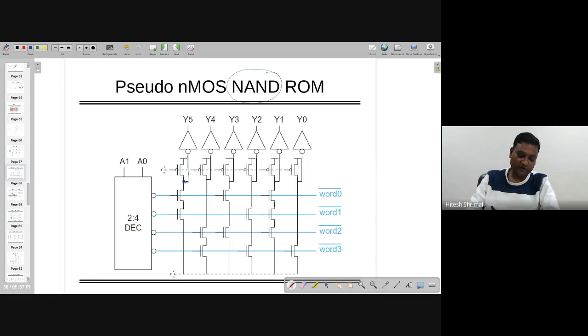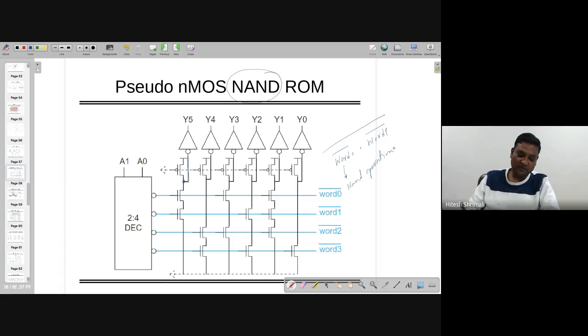Or if you want to write it down here, it's word 0 AND word 1, AND of this one. So it's a NAND operation.